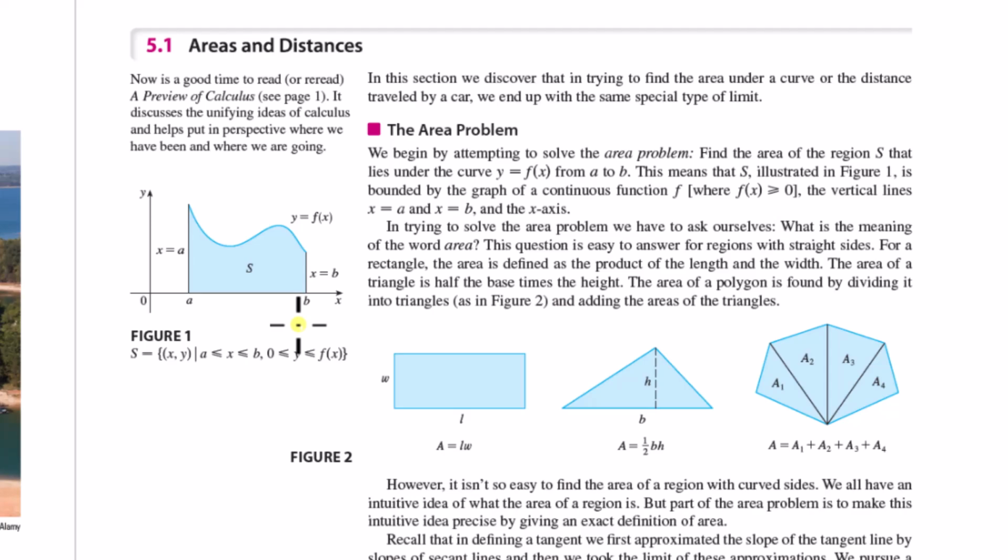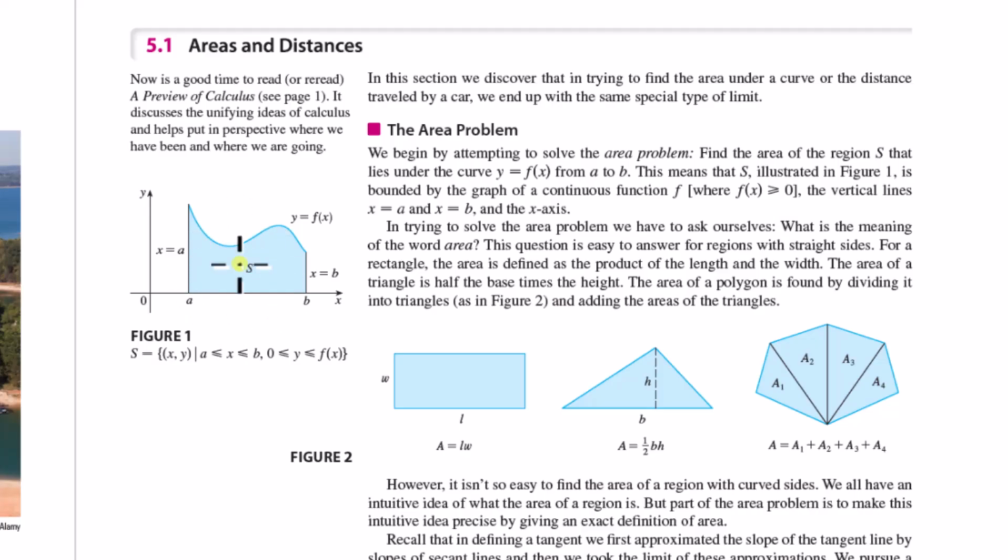With the area problem, if the function curve is not a horizontal line or a slanted line or some combination of straight lines, something simple, in the same way, there's no official systematic way of finding an area like this.